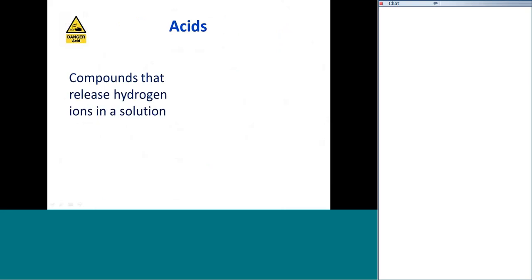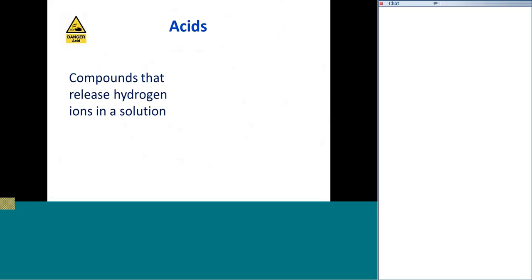Acids are compounds that release hydrogen ions in a solution. If you put a compound in water and it has a lot of excess hydrogens to give away, those hydrogens are looking for something else to stick to, and that's an acid.